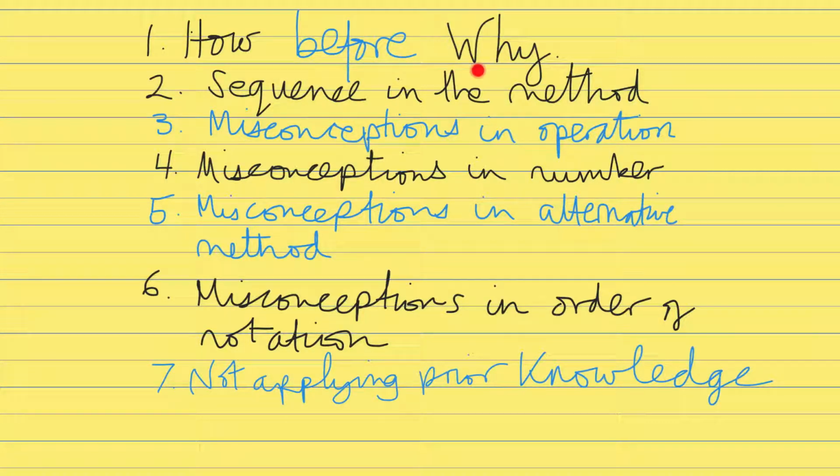That comes later in the sequence when you're starting to teach the why. And misconception in order of notation. I'm thinking about things like BODMAS or BIDMAS, where students do things in the wrong order. And then the final problem solving bit, which is not applying prior knowledge.